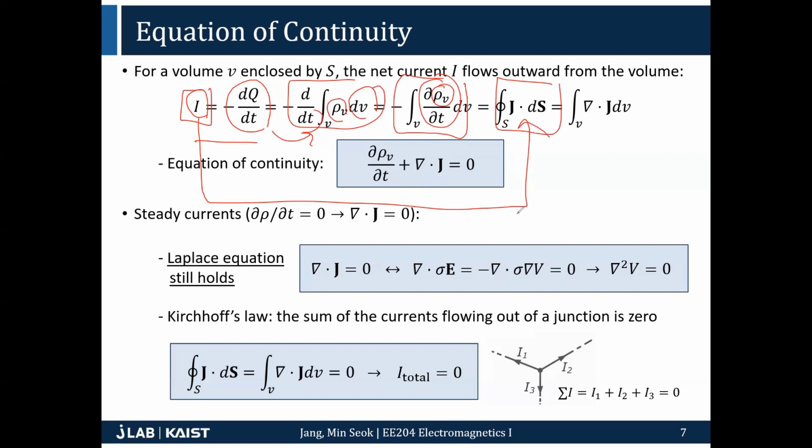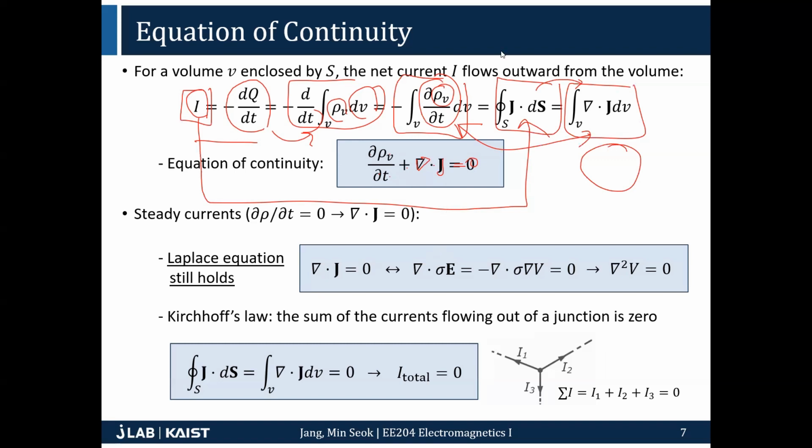If you do the j dot ds surface integration for a closed volume, applying the divergence theorem, you have this relation. By equating these two, you get d rho/dt plus divergence of j is 0. This equation is called the equation of continuity.